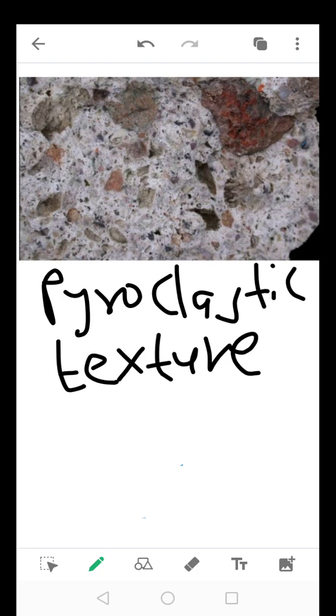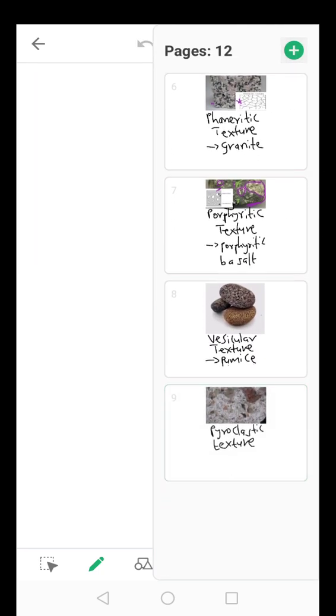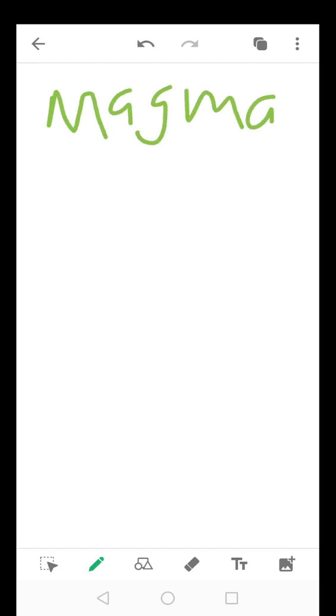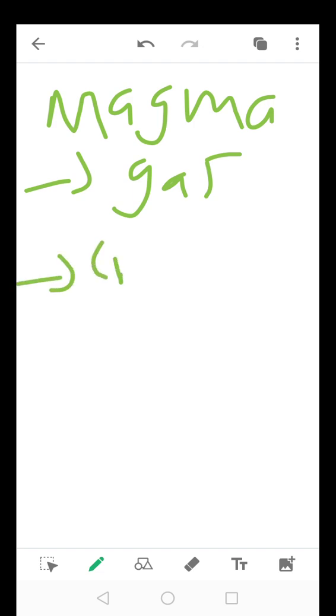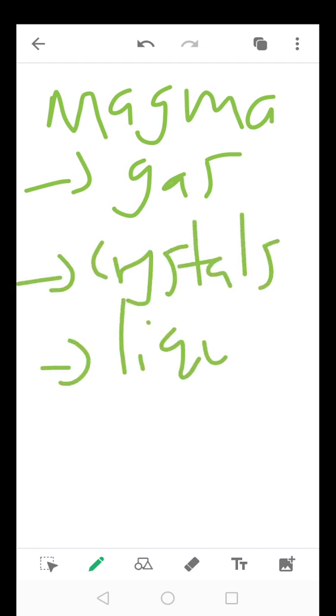But before we talk about this pyroclastic texture, and even the vesicular texture, I want to take you quickly through this. Remember, you should understand what a magma is. Magma can be defined as a mixture of gas, crystals, and even liquid.